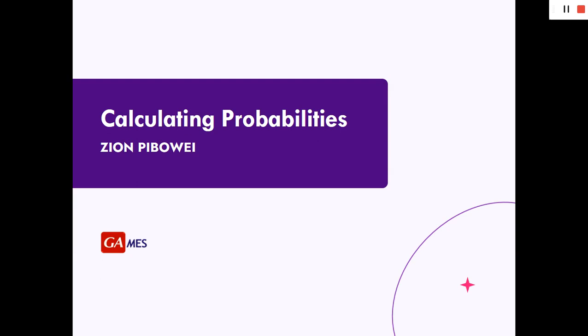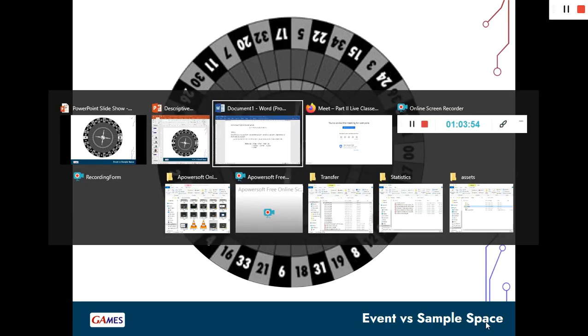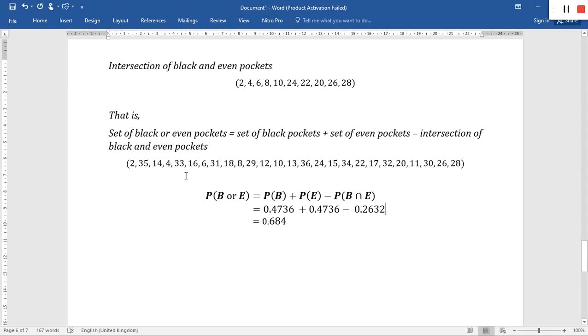So when we carry out these steps, we are getting the probability of two events occurring which are not mutually exclusive, which in this case, the two events we're looking at here are the event of getting a black or getting an even.